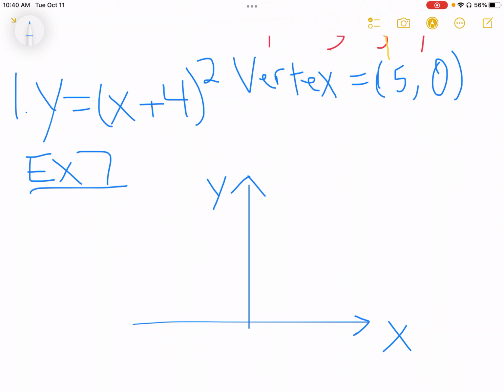and I started here at y equals 2, and then they went to 3, and they went to 4. Then I went up to 1, 2, 3, 4 as well. So I'm up here at 4, and then I have 4 here, 2 there.